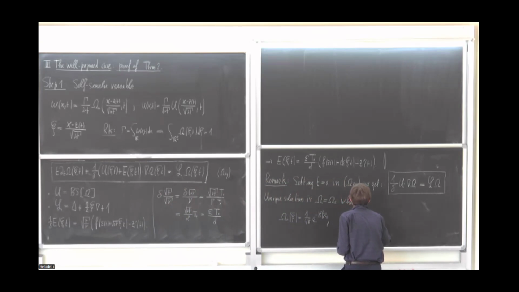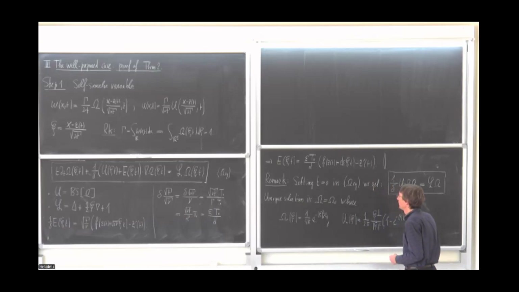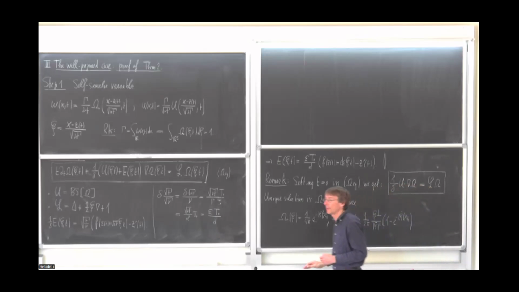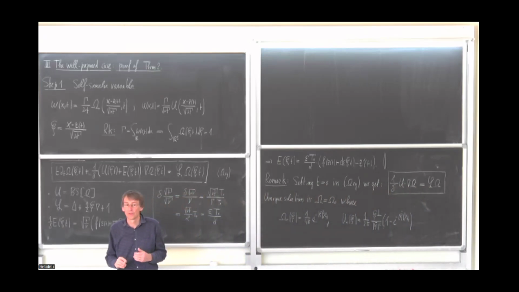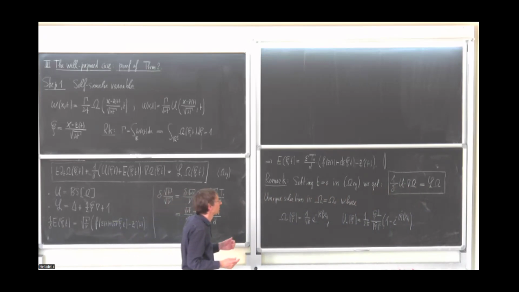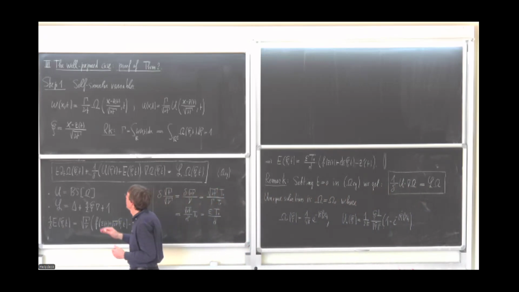I already gave this formula. It's 1 over 2 pi psi orthogonal over psi square times 1 minus e to the minus psi square over 4. This is what is called the Lamb-Oseen vortex. So the only initial data I can consider are those ones. I cannot do anything else, which is good for me because I don't want to choose. So now I know that I have to start from those initial data, and then maybe I can make sense of this equation. So this was step 1.